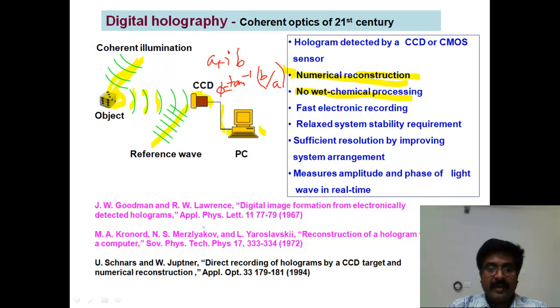And Schnars and Jüptner did it with a CCD. Optical holograms are detected by a lensless CCD or CMOS sensor, and subsequently numerical reconstruction is done, which gives the phase information in the computational domain, as a 2-dimensional image. With that information, one can have 3-dimensional information processing.